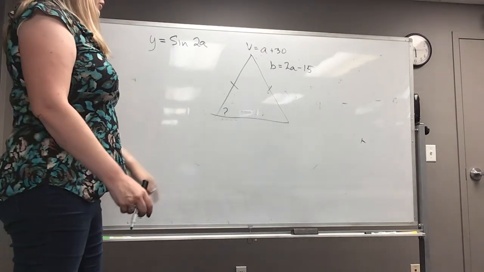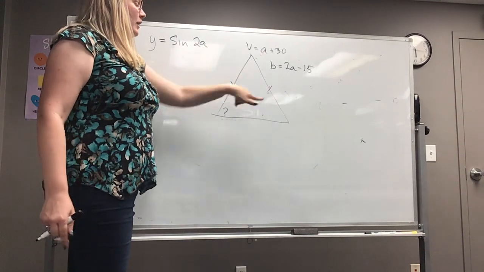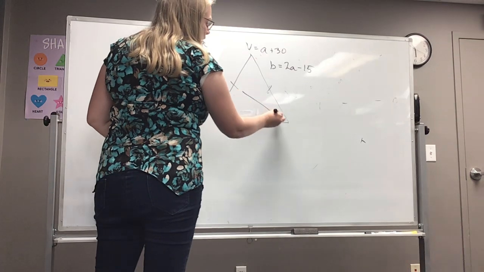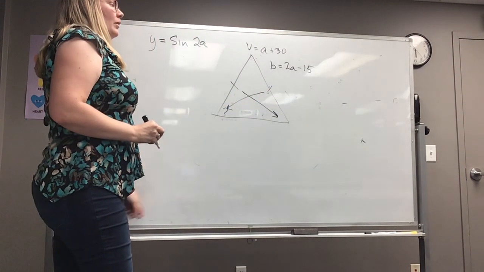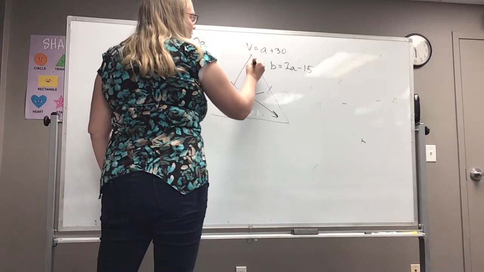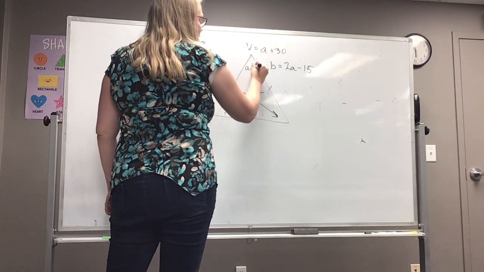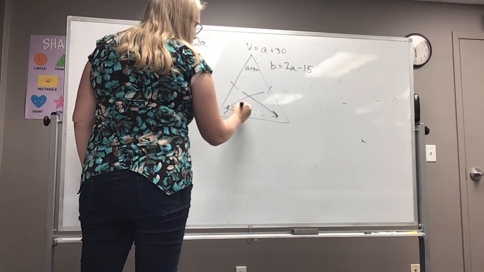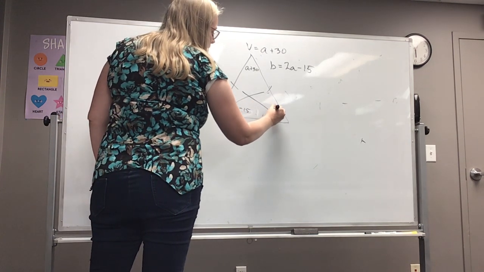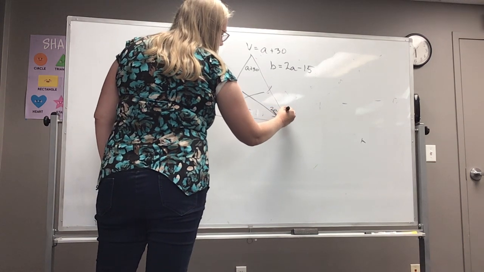So first and foremost, with isosceles, remember that if the sides are the same, the base angles are the same. And so this angle up here is the vertex angle, or a plus 30. Our two base angles are 2a minus 15, but both of them are the same.